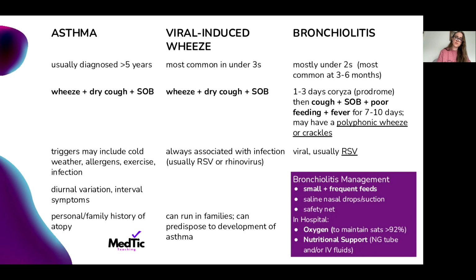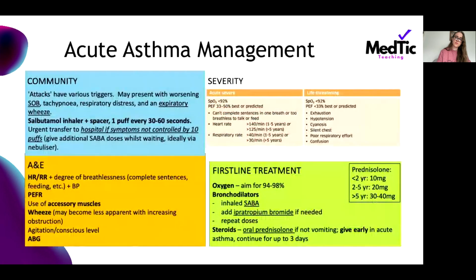So if we go to the next page, this is just a quick overview of how we manage acute asthma, which, like I say, is actually similar for the way we treat viral-induced wheeze. In the community, you might only have salbutamol inhalers. You need to give that with a spacer, and then get into hospital if that's not controlling their symptoms after 10 puffs.